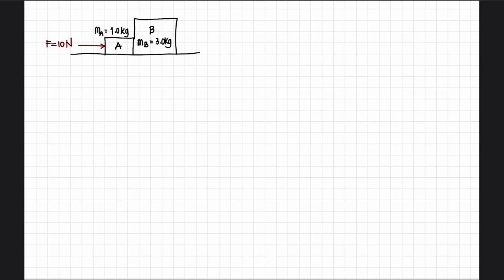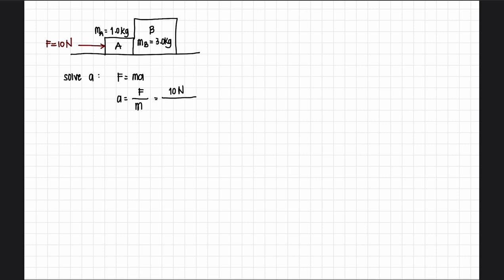Because the two objects are in contact, both of these blocks will have the same acceleration. So first we need to solve for their acceleration. Remember that force is equal to mass times acceleration, so acceleration is equal to force divided by the mass. We know the force, 10 newtons, but what mass are we talking about?